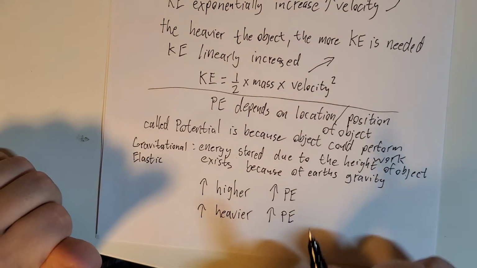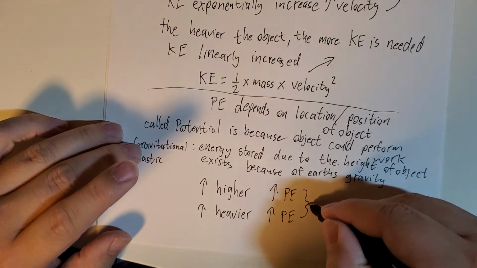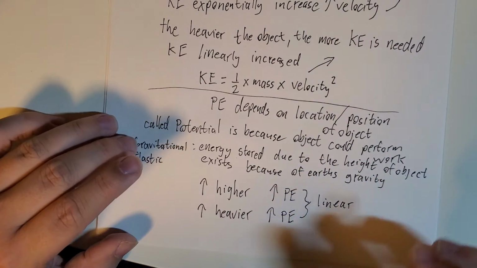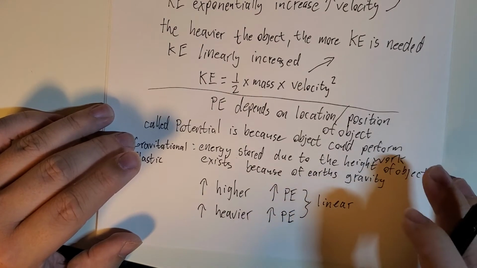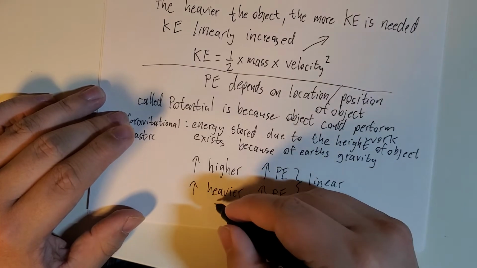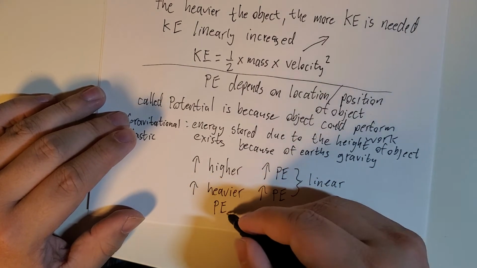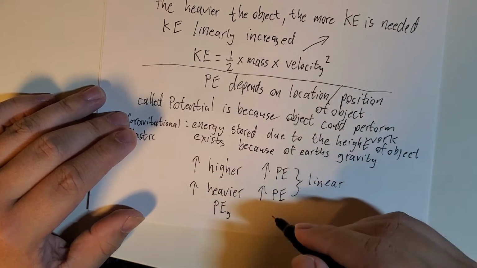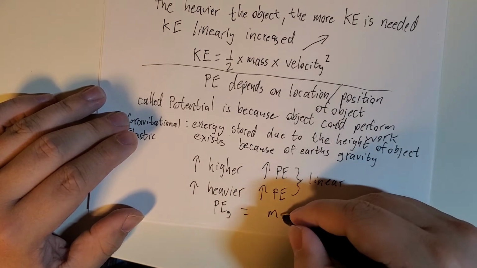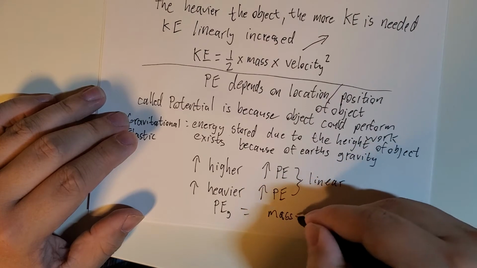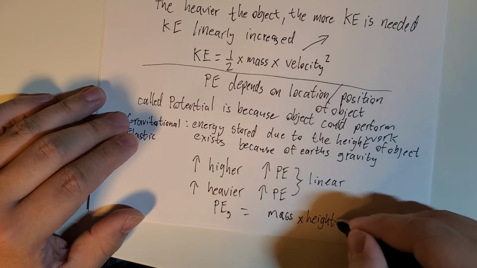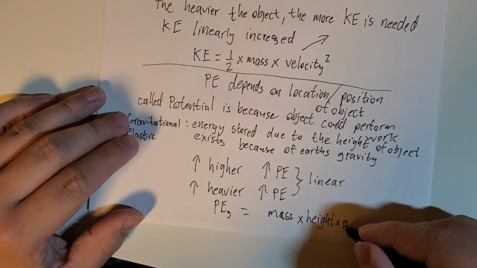These two things are linear, which means it increases proportionately one-to-one. So the potential energy for gravity, put a little g there, equals mass times height times gravity.